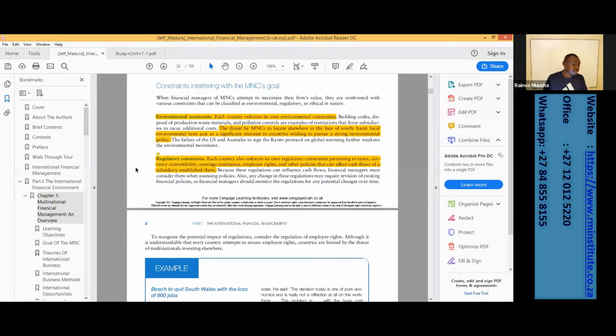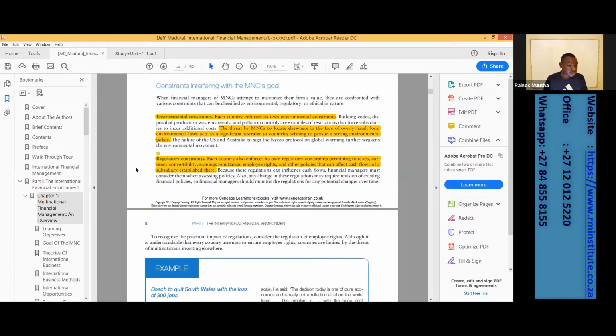And some of the issues that also arise are the cost of labor and unionization, where the multinational company may seek to invest in a country where there are lesser regulatory issues, for example on minimum wage and so forth.